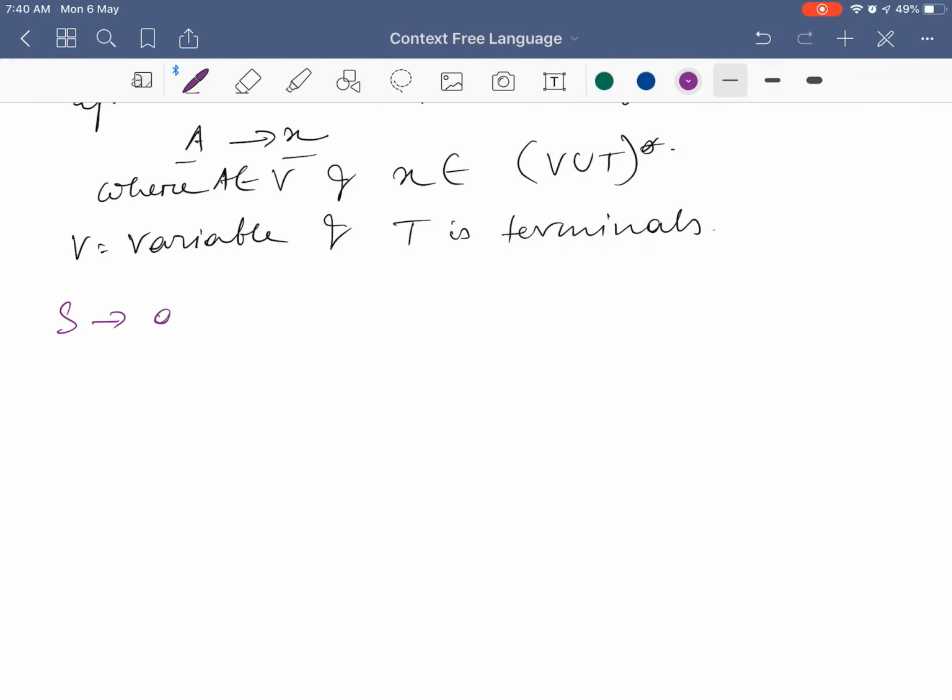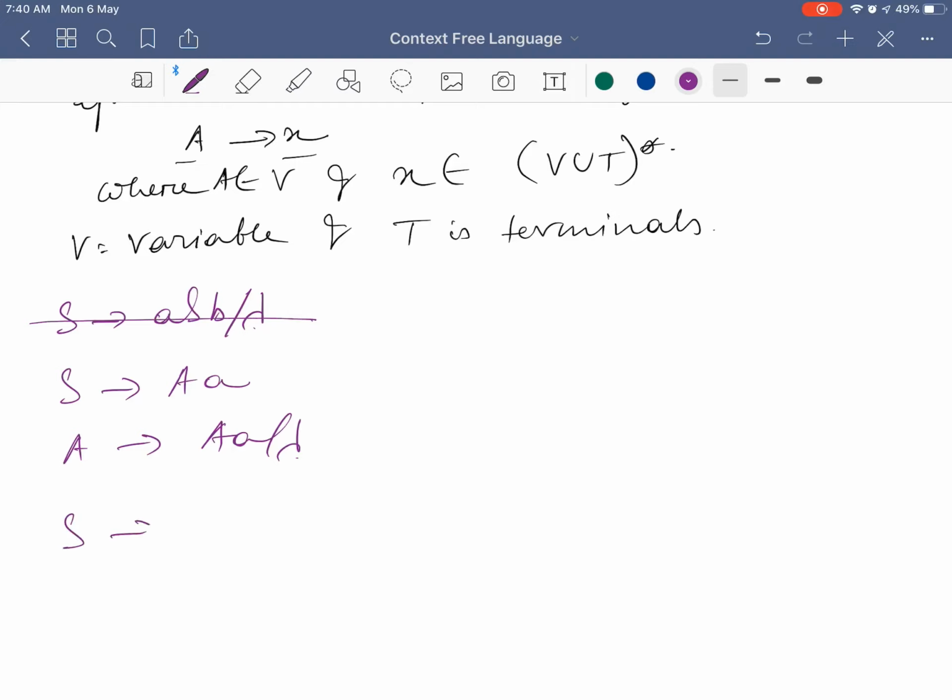Suppose I write S to ASB / lambda. Another language I am writing, S to AA, then A to AA / lambda. Suppose I am not considering this one for the time being.